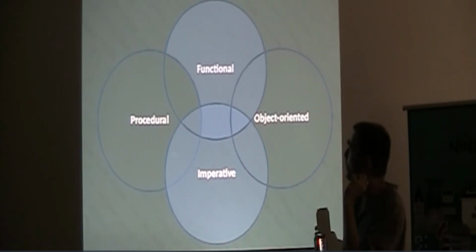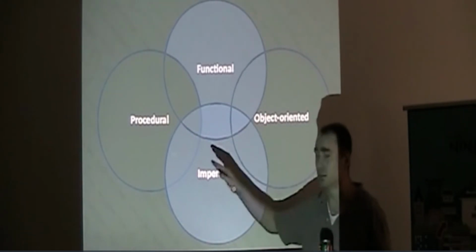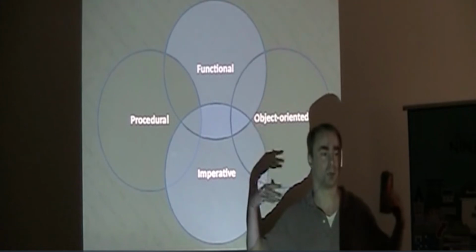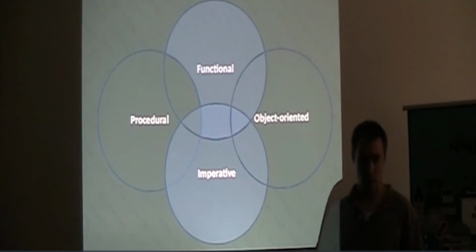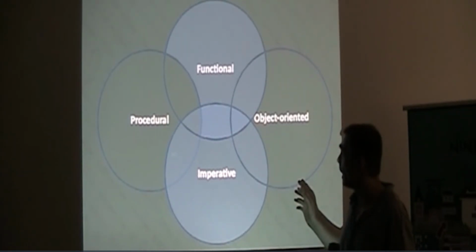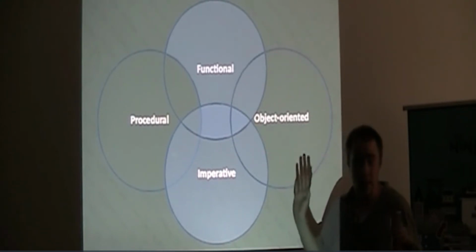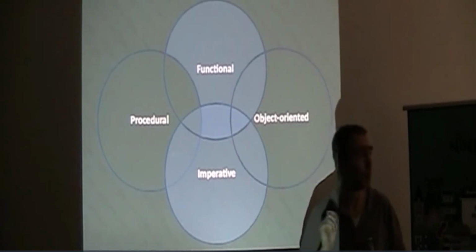And thinking about what functional programming is in comparison to the other so-called four major programming paradigms, I think it's helpful to remember that in some ways these four things are not the same kind of thing.